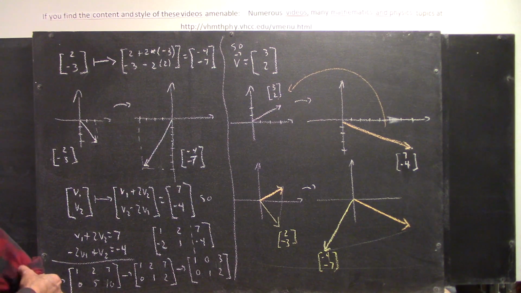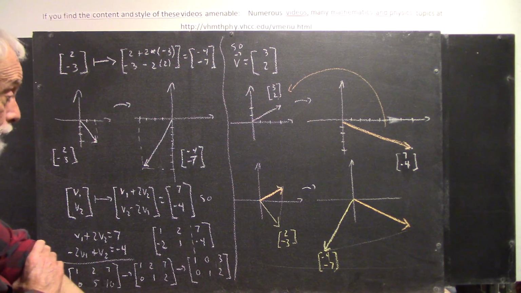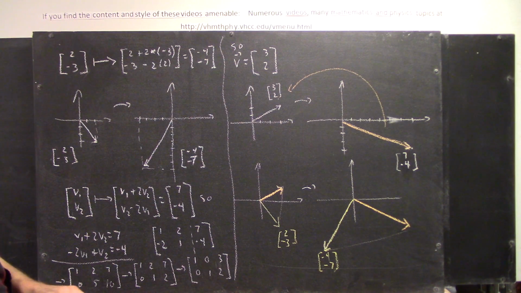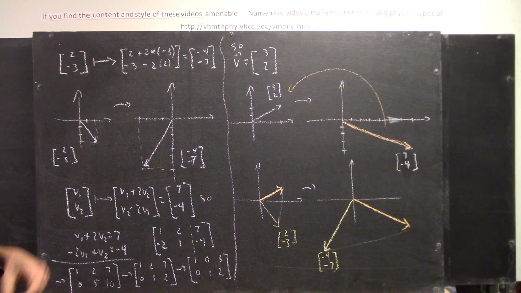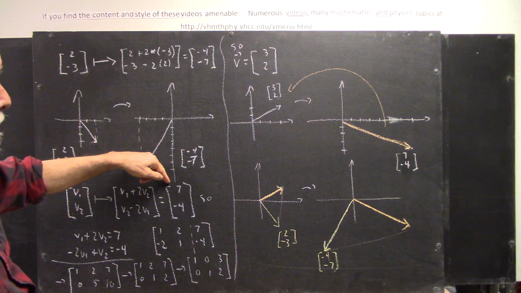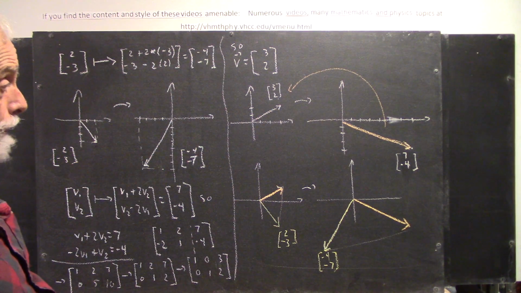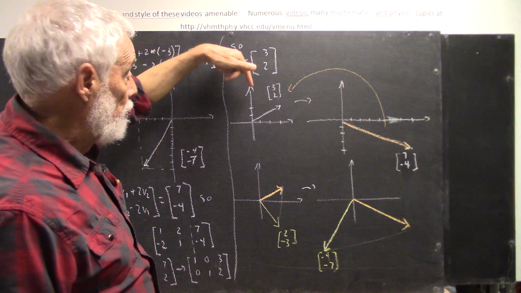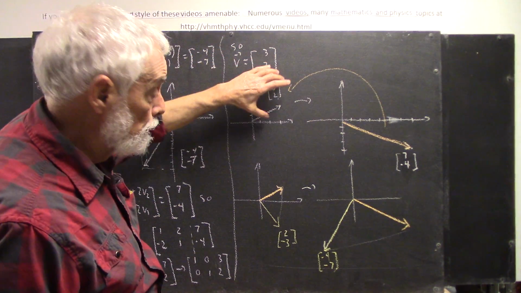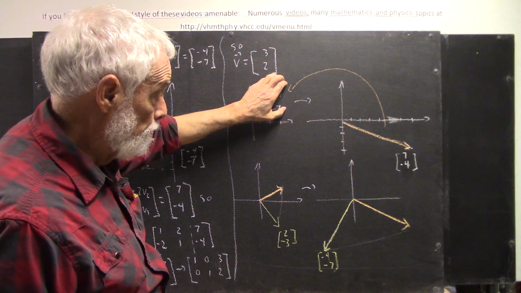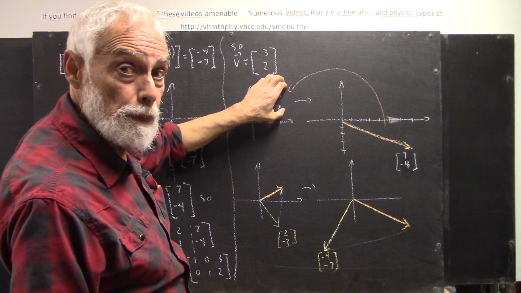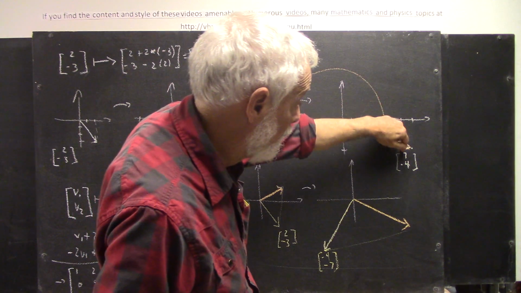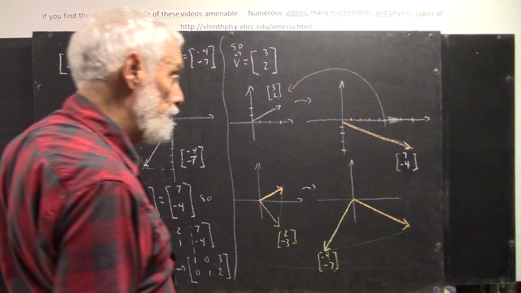Okay. Well, the next question is a little tougher. You said that the vector in the original space is unknown, but we know what it maps onto, which is 7, -4. Well, it's going to turn out that the vector that maps onto 7, -4 is 3, 2, but we don't know that at this point. So we have some vector which we regard as unknown mapping onto the vector 7, -4.